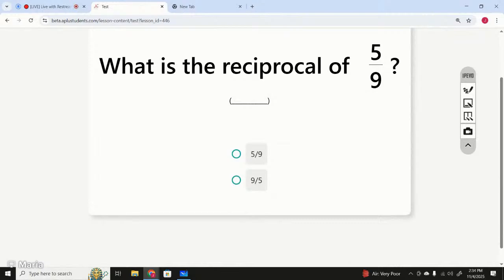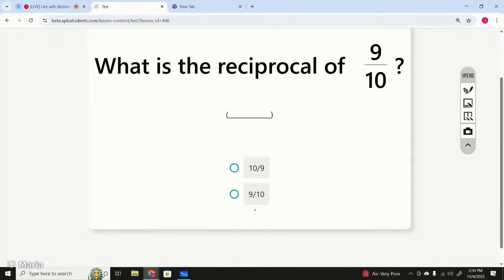What is the reciprocal of 5 by 9? That is 9 over 5.